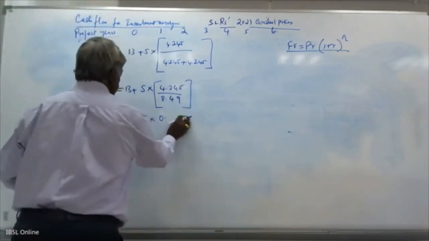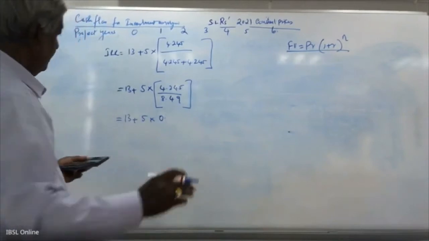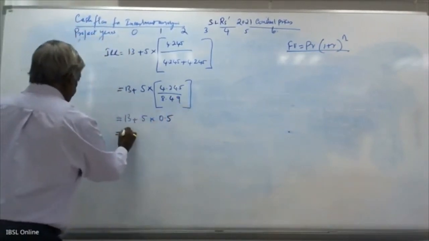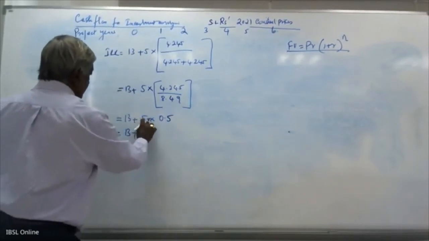It is 0.5. Then equal sign 13 plus, then multiplication.